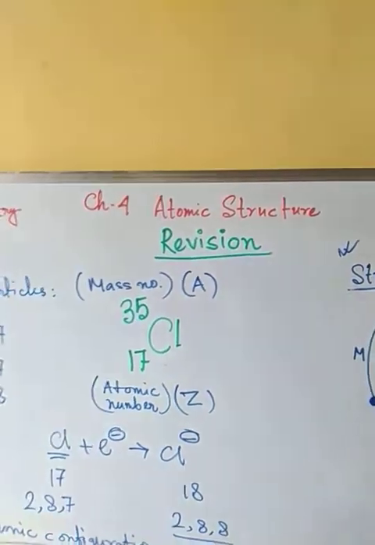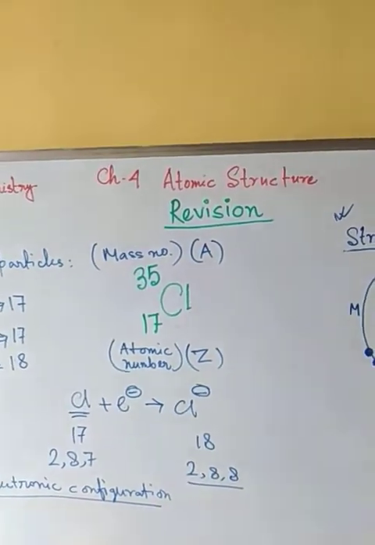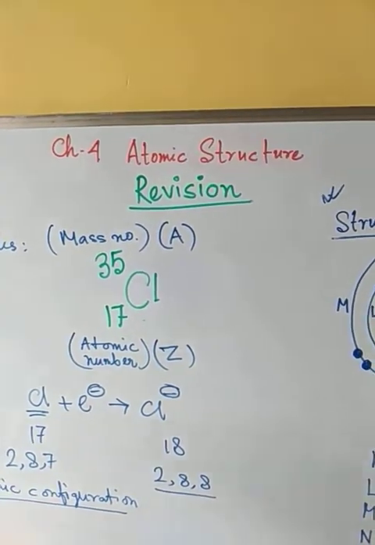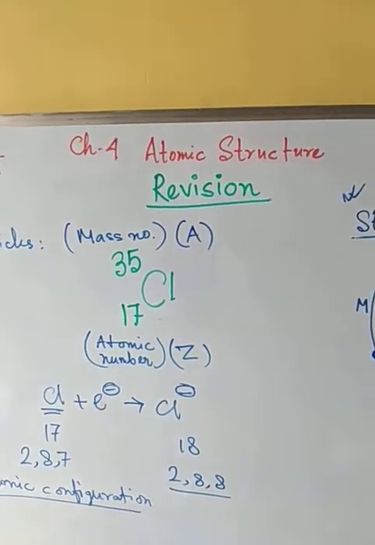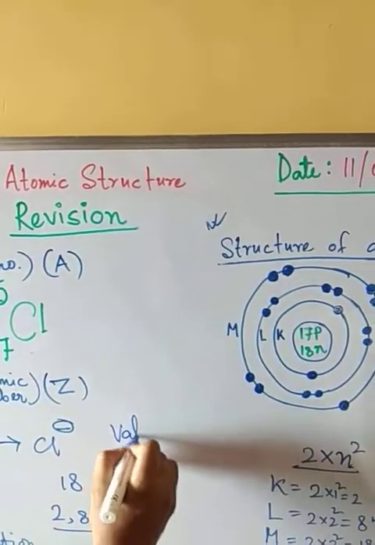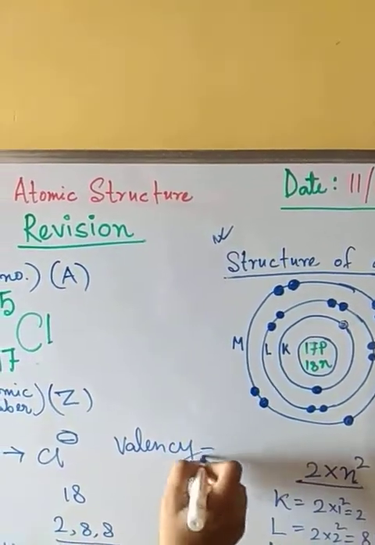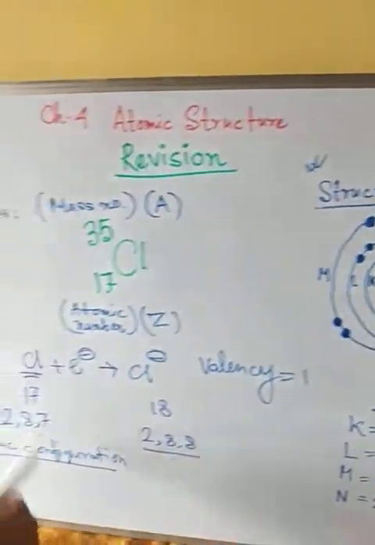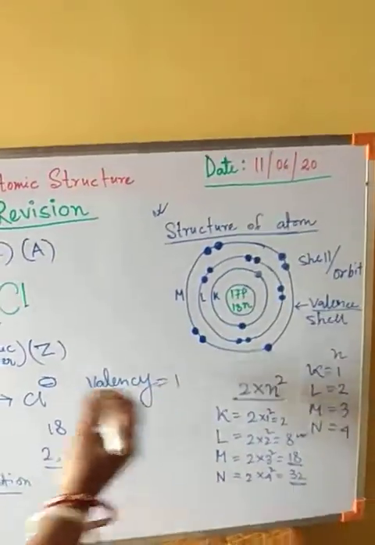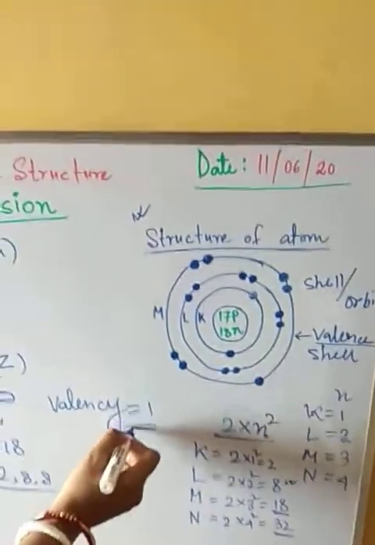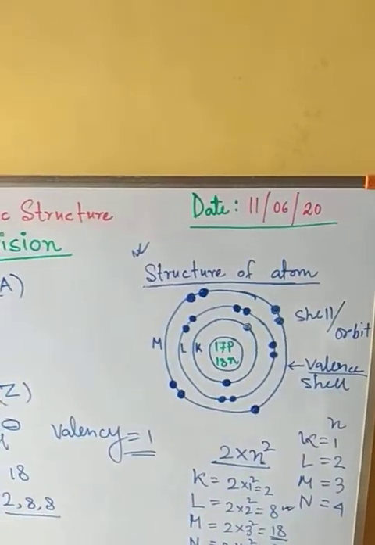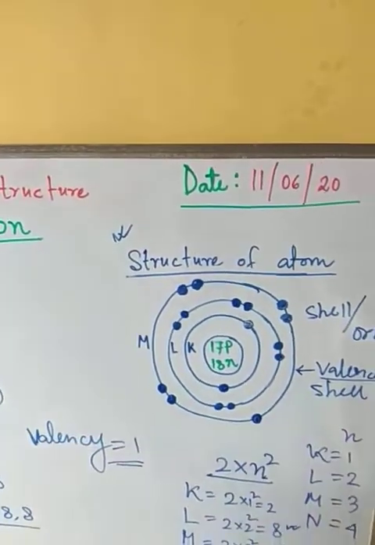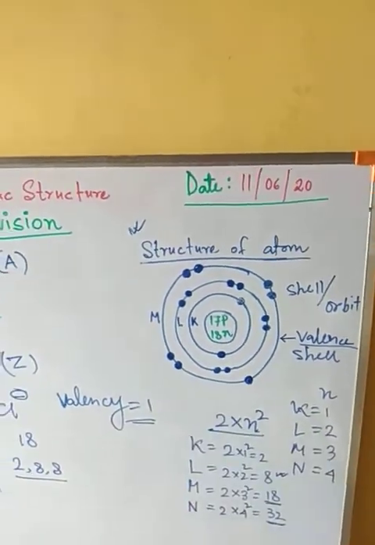Now this is the stable structure, and as chlorine is capturing one electron, its valency is 1, that is 8 minus 7. The number of electrons an atom captures or loses is called its valency. So the valency of chlorine is 1.